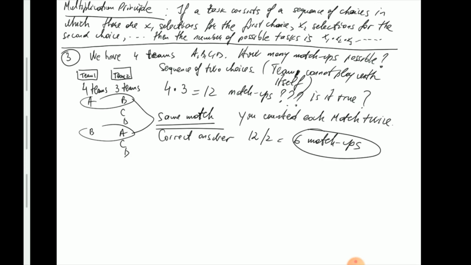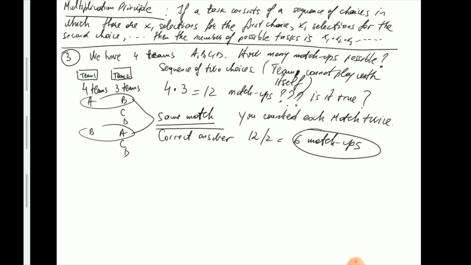We're going to have stronger tools later to distinguish when the order matters and when it doesn't matter. That's an important thing to keep in mind. Sometimes the problem mentions it, and sometimes it's implicitly understood. The problem doesn't say the order doesn't matter between A and B or B and A. It's understood implicitly that a matchup between two teams is putting those two teams on a field, and it doesn't matter which one is mentioned first.